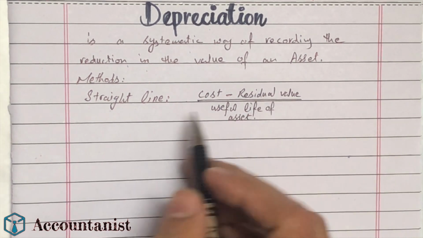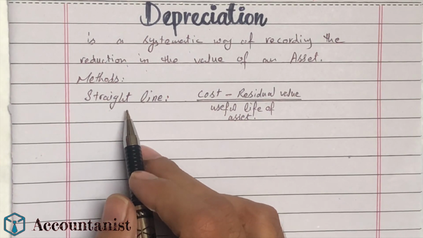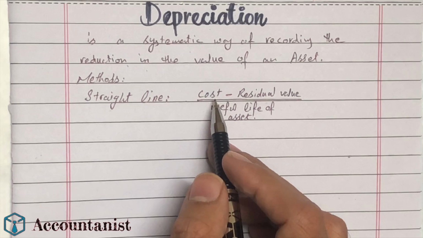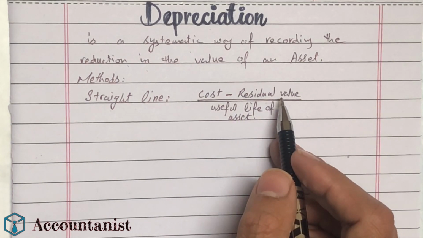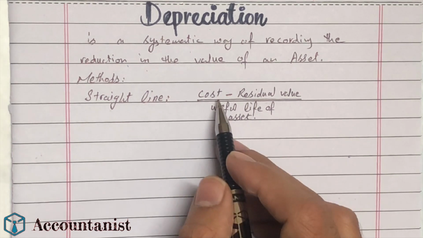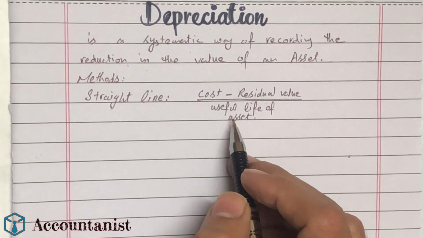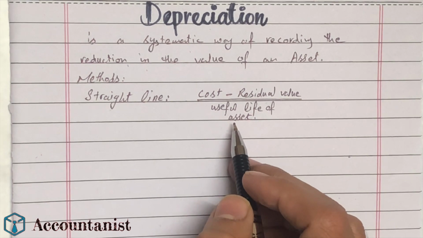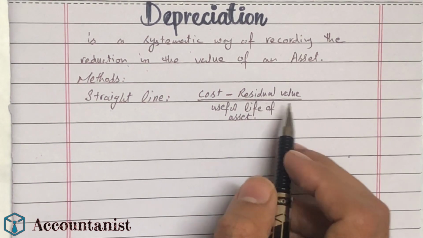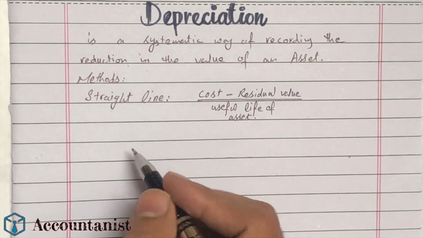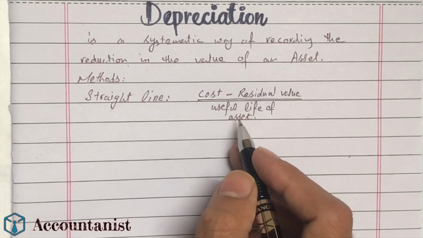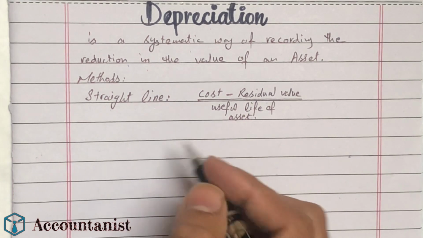So we can calculate the straight line depreciation with this formula, in which we have cost and residual value. We deduct the scrap value from the cost, and then divide by the useful life of the asset to get the figure of depreciation. That's the first formula.